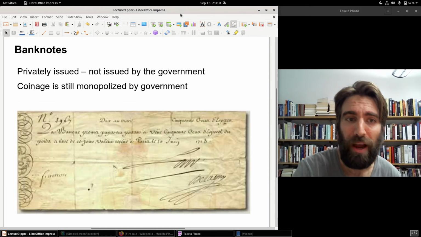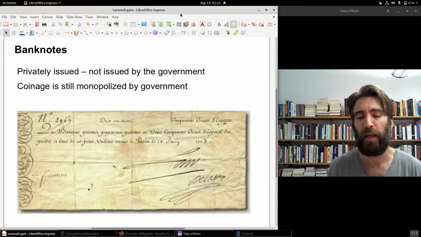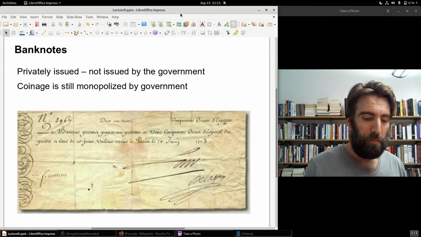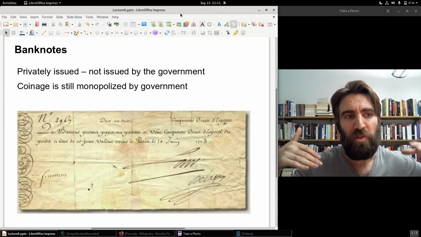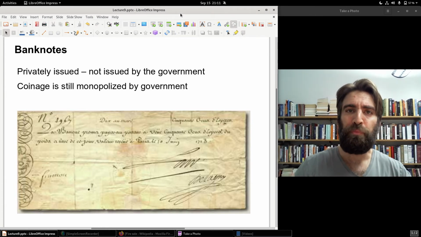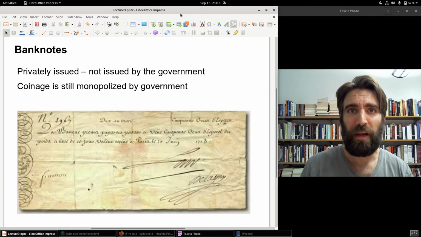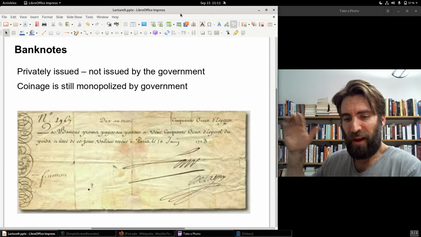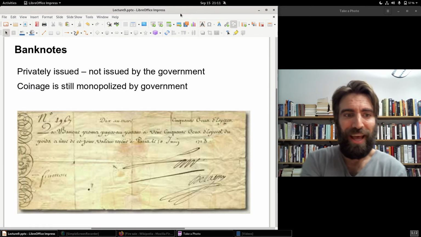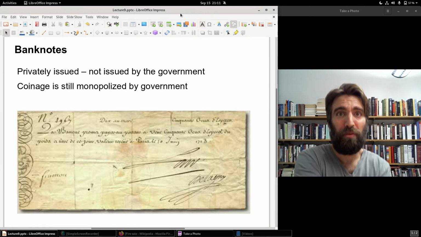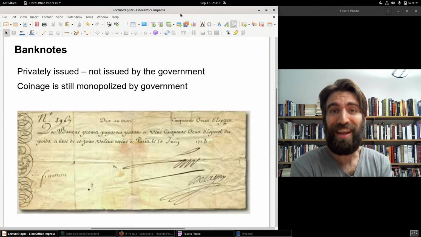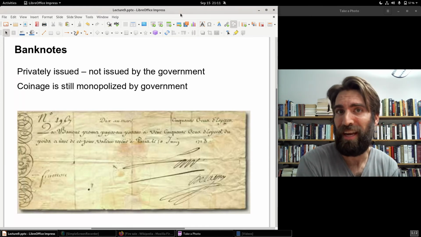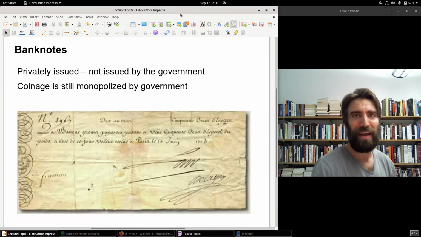These were also privately issued, really important, and unlike the Jiaozi paper notes issued by the Song Dynasty, these were privately issued, not issued by government. However, coinage is still monopolized by government. So the government coins the money, and then the banks issue the representation of money, a paper representation of money that's backed by money.